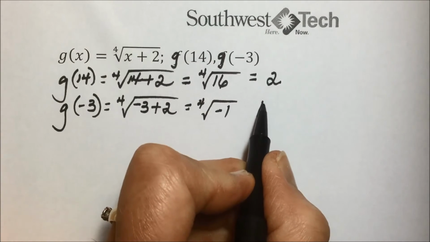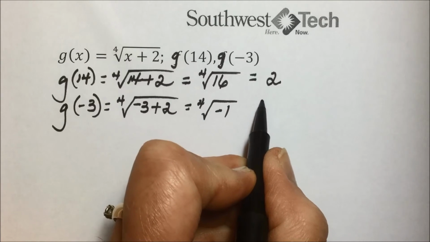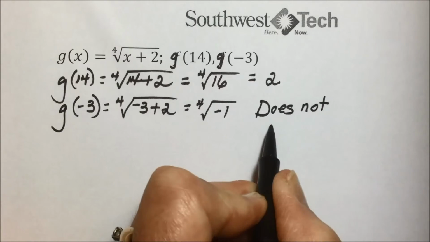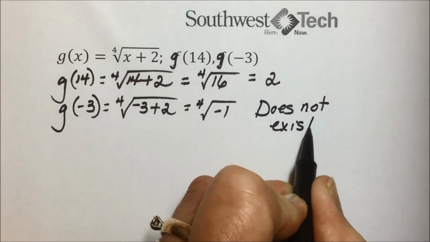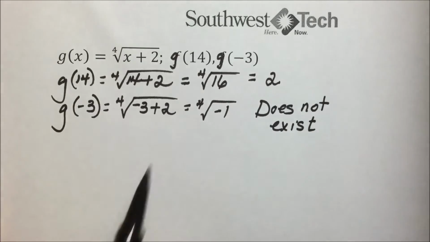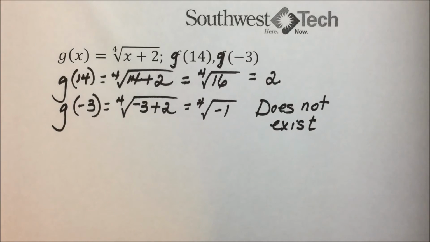This does not exist. There is no number times itself, the same number, that would give us a negative 1 when we have 4 of that same number. 4 negatives would make a positive. 4 positive numbers multiplied would give us a positive. We are not going to generate that negative 1.